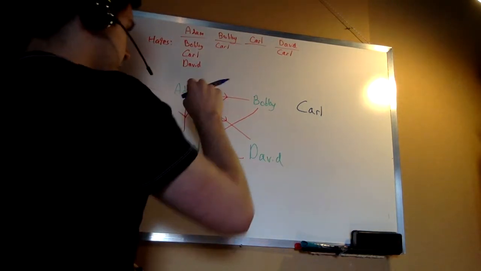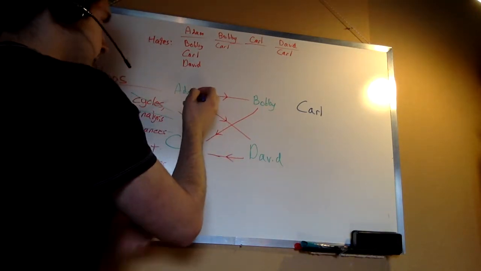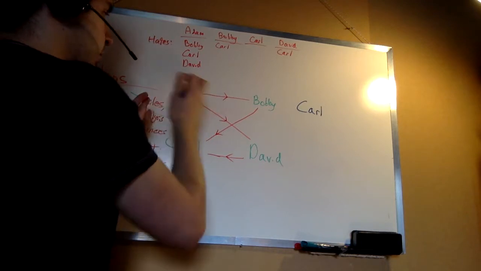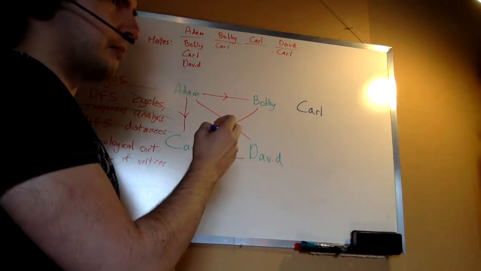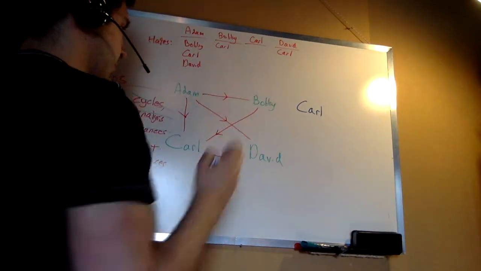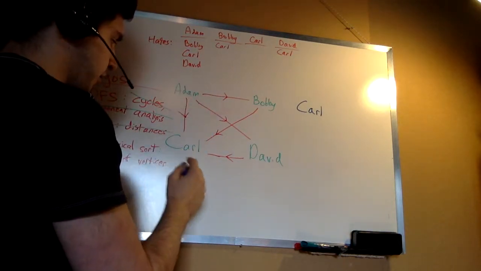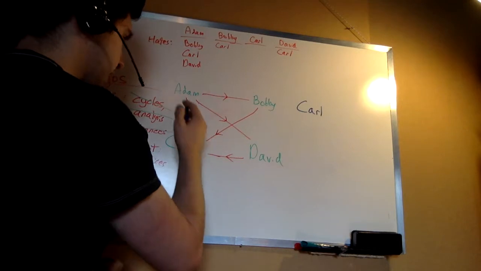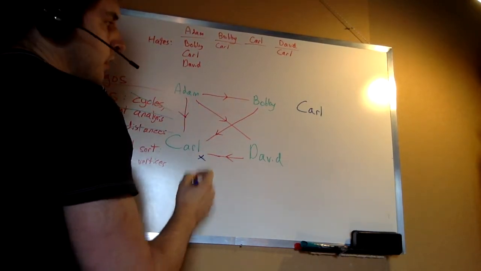Okay, so we'd start from Adam, and then because this is a DFS, we're not going to actually process Adam yet. We're going to explore his edges. So we'll explore the edges of the relationships away from Adam to everyone else. So we explore to Carl, and Carl's already been visited, so we ignore that. So I'll just put this little X here for visited.